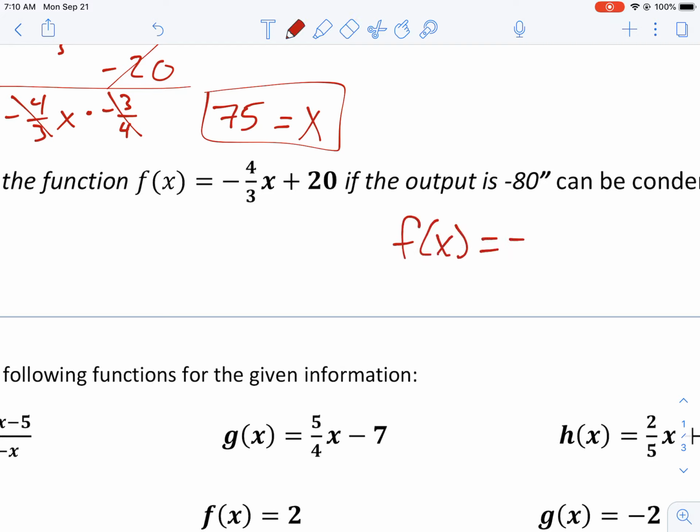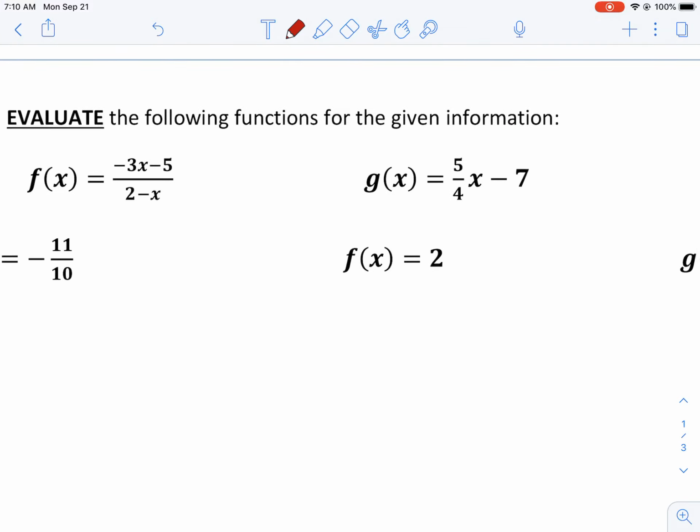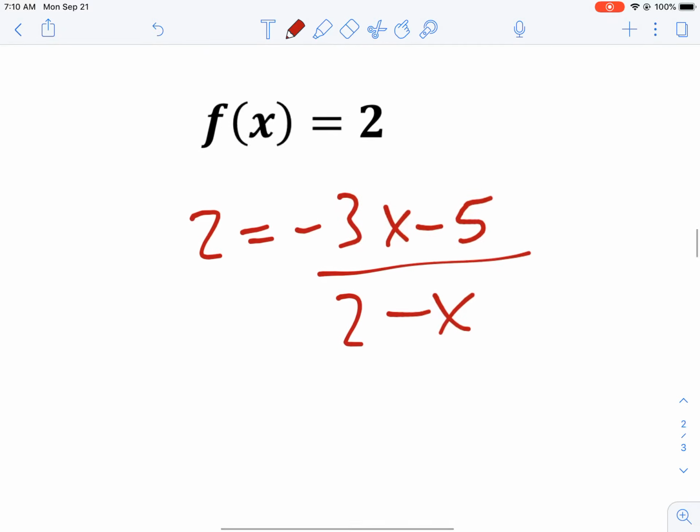F of x equals -80. So f of x equals 2, that means 2 is going to be equal to that, right? So we've got -3x minus 5 over 2 minus x. So when f of x equals 2, we're replacing the whole thing on the left side, f of x, with 2.